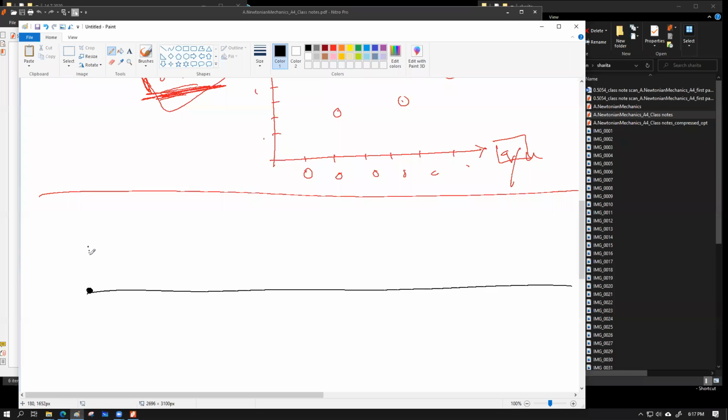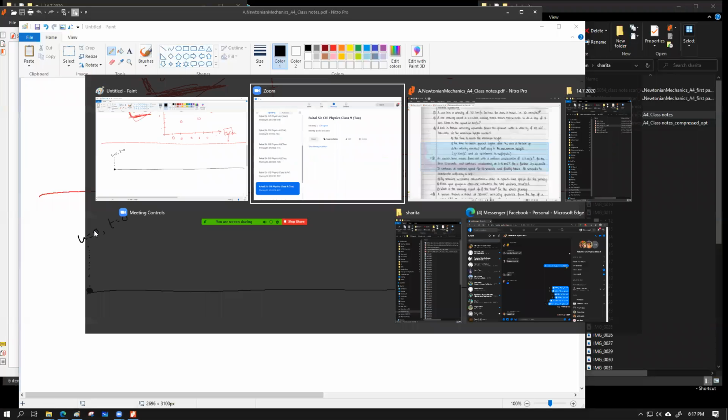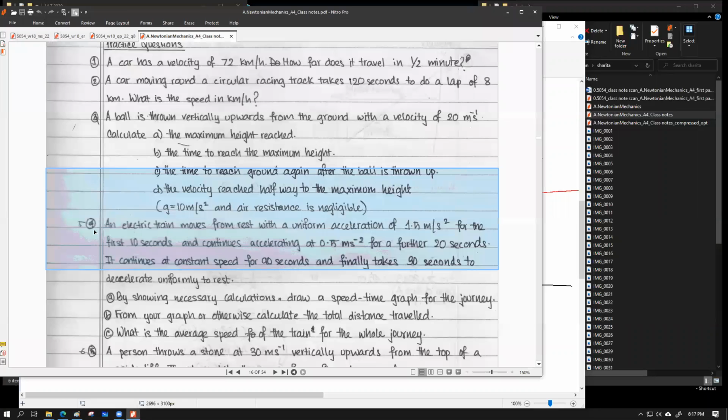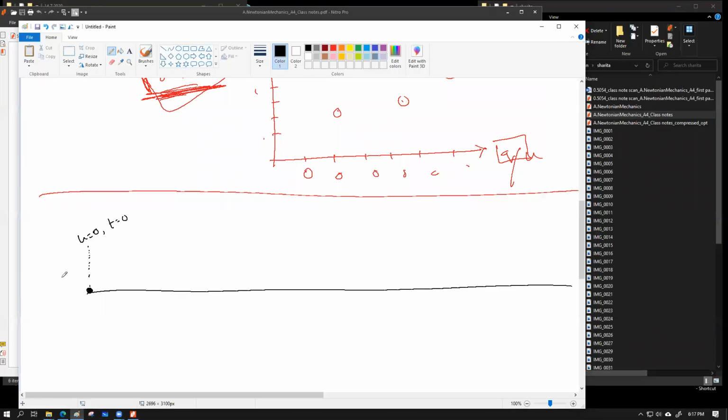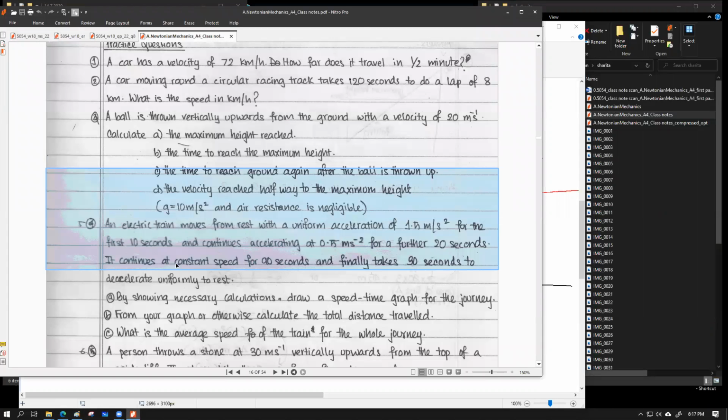So at the beginning, initial velocity was what? 0, when the time was 0. Yes, it started from rest. So initial velocity was 0. And then it moves with an acceleration of 1.5 meter per second square for a duration of how much? For the first 10 seconds.